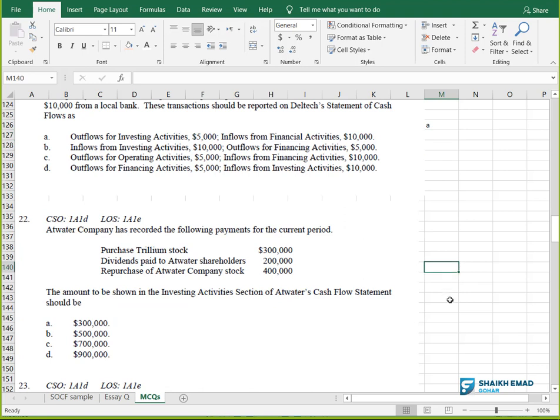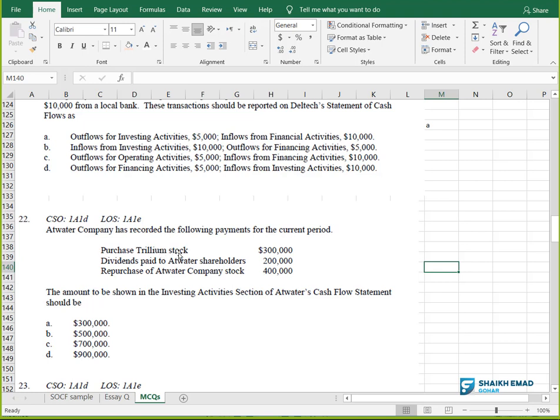Okay, do this one please. Question 22. They say the amount to be shown in the investing activity section is how much? Now see, very important point. Atwater company is your company, which is making this cash flow. Purchase Trillium stock. Trillium means another company. It means you are not repurchasing your stock.